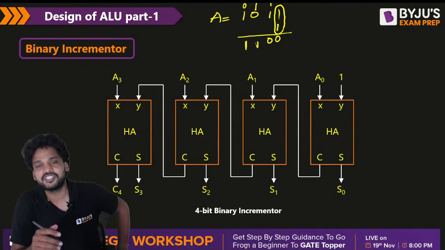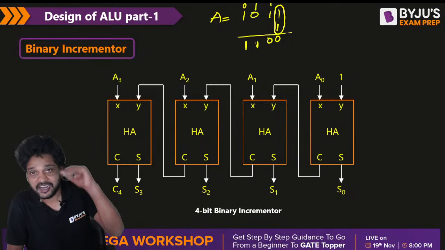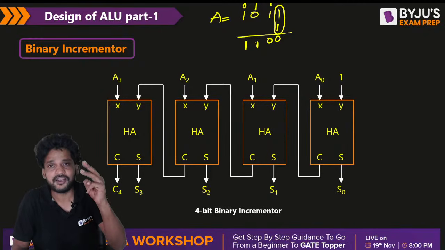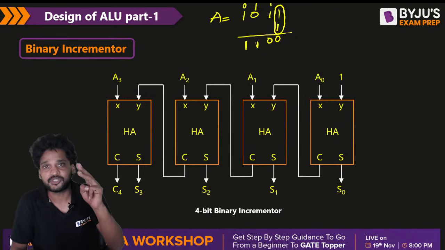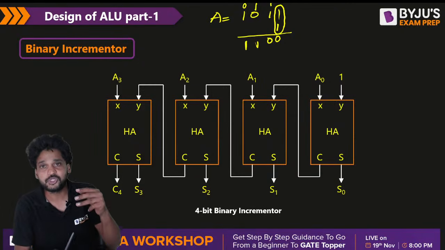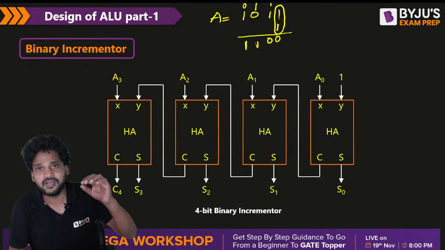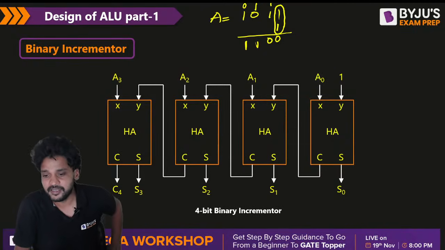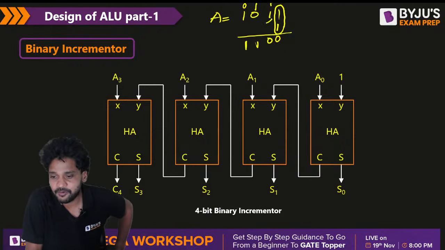Once again, understand, during the addition, at every bit, we require to add 3 digits. One is from A, one more is from B, one more is from carry. But during the increment, we have only one operand digit. The second digit will always be carry. Got me? So during an increment, we require to add at any point only 2 digits.